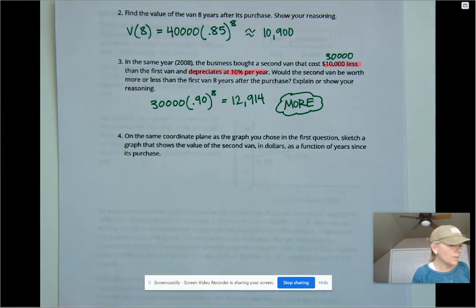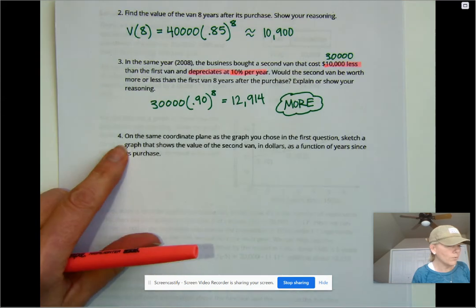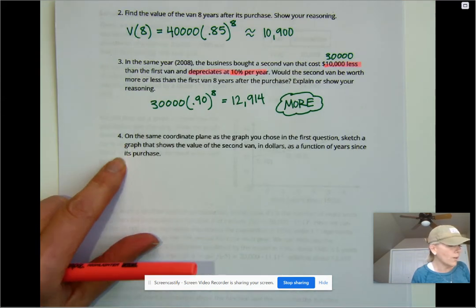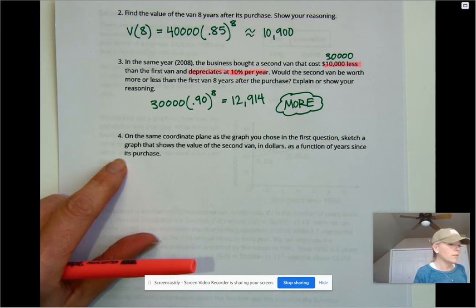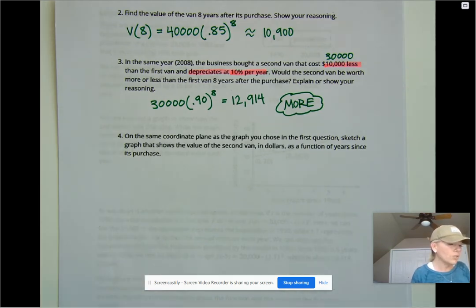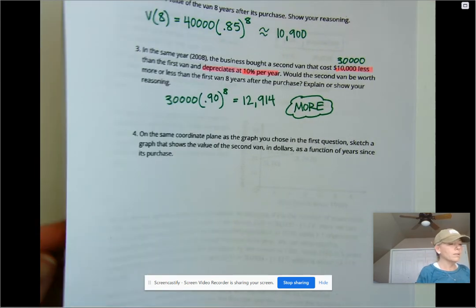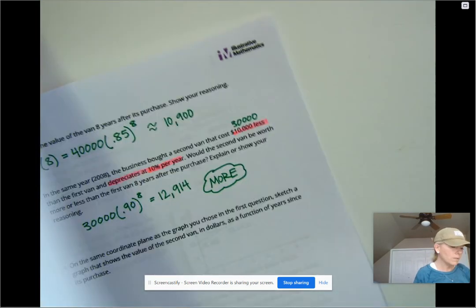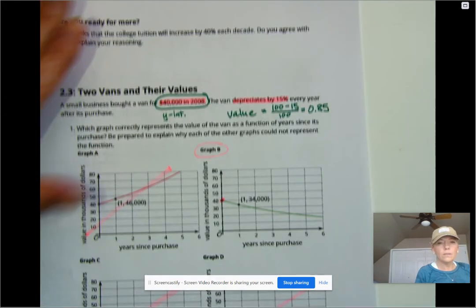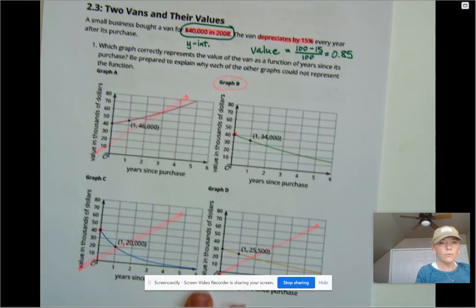And then on the same coordinate plane as the graph you chose in the first question, sketch a graph that shows the value of the second van in dollars as a function of years since its purchase. I'm going to go back to where that graph is and zoom in a little bit on that graph.